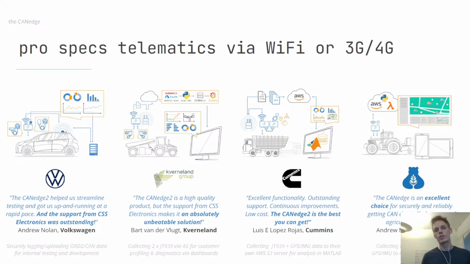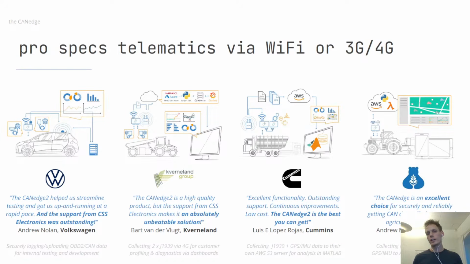The CANedge 2 and the CANedge 3 are used in, I would say, very diverse use cases. Whether it is simply for automating the data transfer, as in the case of Volkswagen, for example, here to save costs, or whether it is to do in-field telematics like Grafana does, there are many different usages.